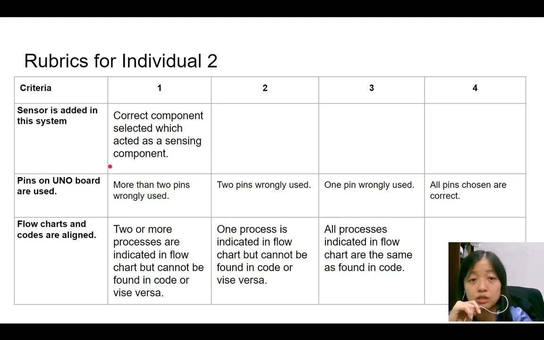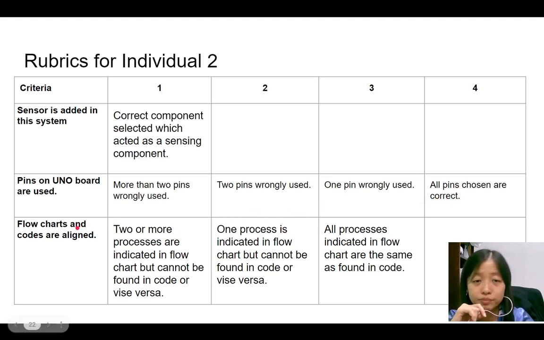Choose your sensor: temperature sensor, soil sensor, find any sensor in there. And you use the pins on the Arduino Uno board. By the points, all pins chosen are correct, meaning the pins in your code and the pins on the picture are matching, and also match with the flowchart. Please, no mistake. Check your pins.